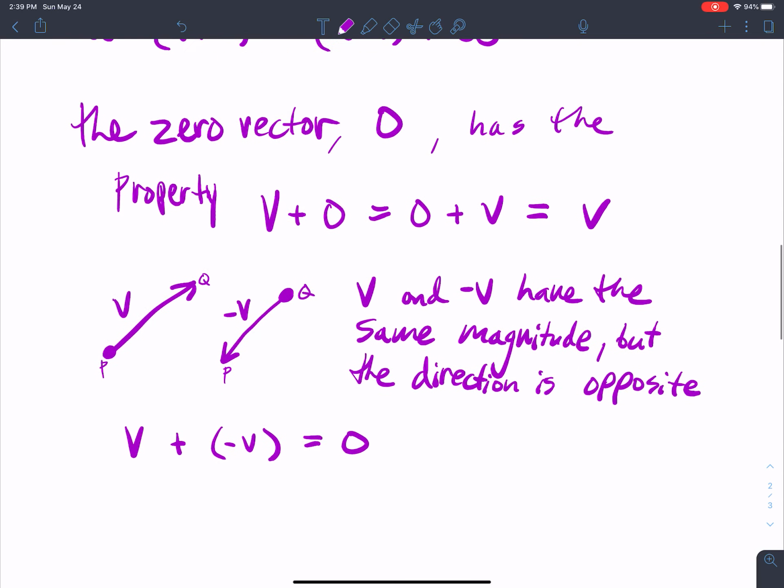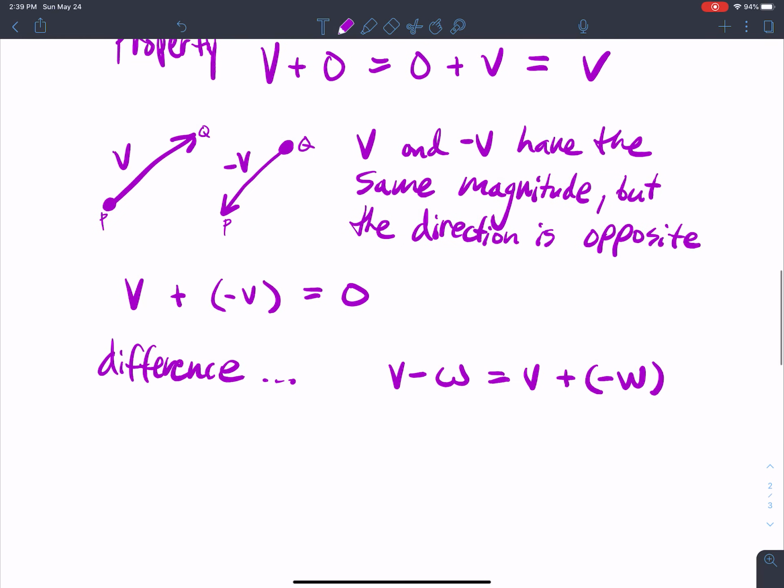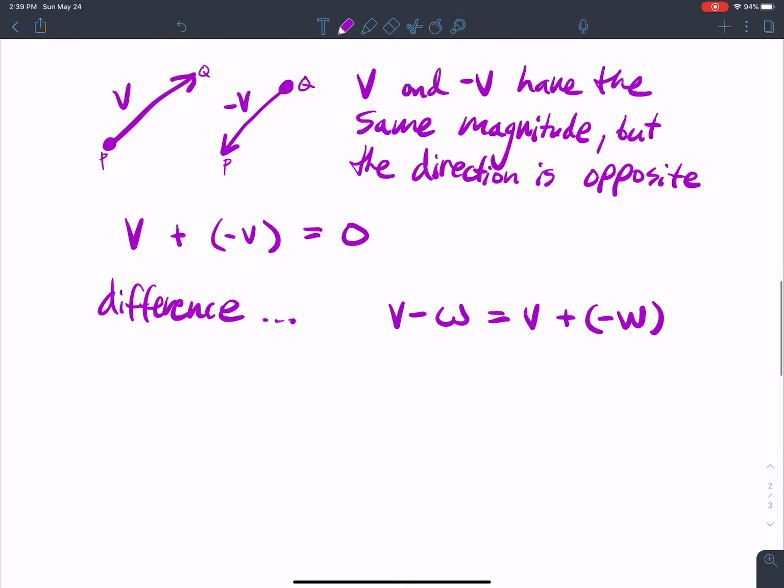So if I'm going to do the difference, V minus W would be V plus the negative vector for W. So it's just going in the opposite direction.